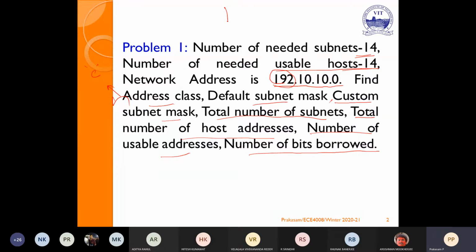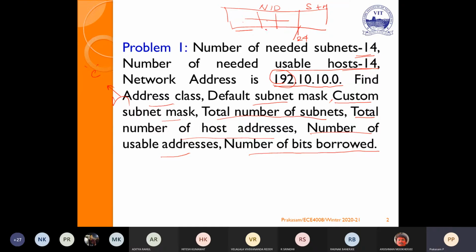In a class C, out of 4 bytes, the first 3 are the network ID, and the remaining one is subnet plus host. The default mask, the subnet mask without any subnet, is the default value. So the first 3 bytes contain the network ID. That means the mask is /24.